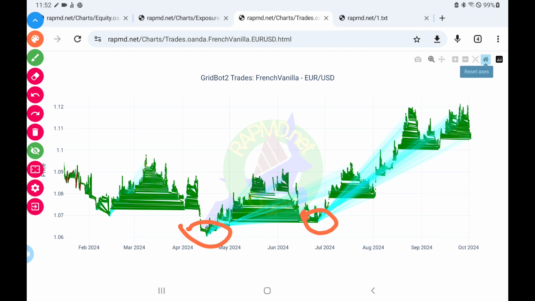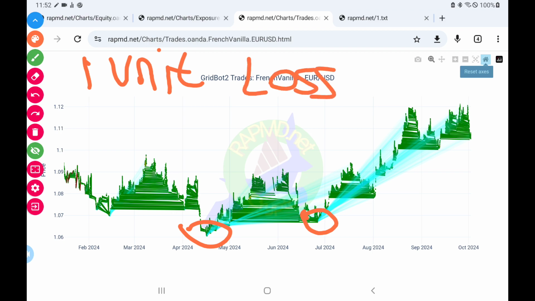Because remember that the reduction is deliberately taking a loss of 1 unit. So 1 unit loss, always. So every profit has to be able to make money and absorb that loss.